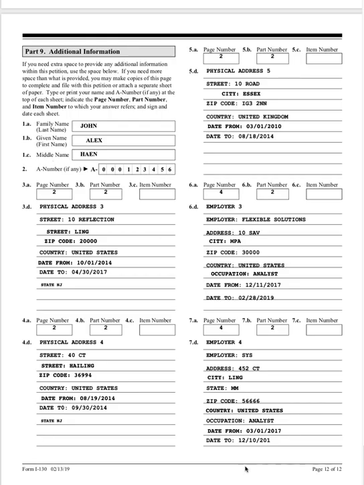Part 9, page 12 of 12. This is the most important thing which I really want to talk about, because when I was filling the form, I really had difficulty with how to fill it up. So in this form, I enter the last name, given name, and middle name, and then my alien number. You will find this on your green card. The first information I am entering is my physical address.